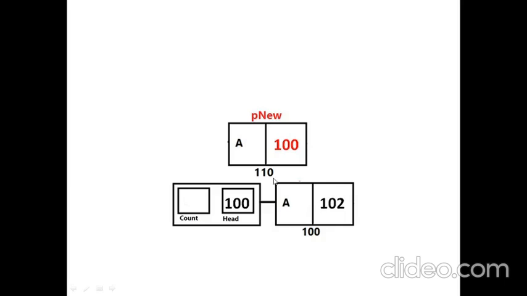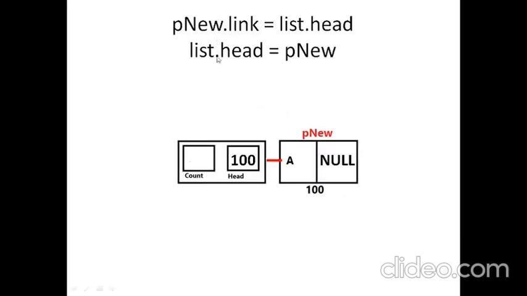The next step says list.head equal to pnew, which means this becomes 110. So now the linked list has been realigned such that head is pointing to the new node and the new node is pointing to what was previously the first node, and then the nodes are following. So we have inserted the new node at the front of the linked list. Both happened with the same two lines.